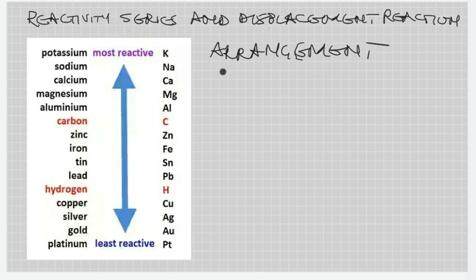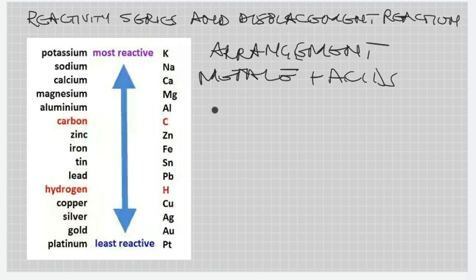Now I want you people to remember the reaction that we did in our last class, which was the reaction between metals and acids. So we can explain why certain metals react with certain acids and why some metals do not react with acids. So let us have a look here.